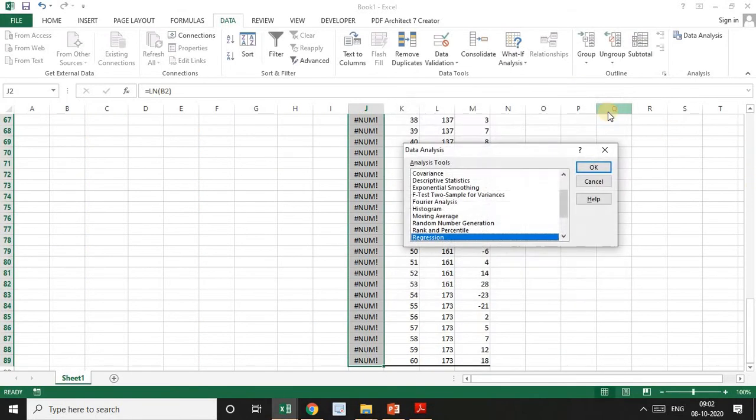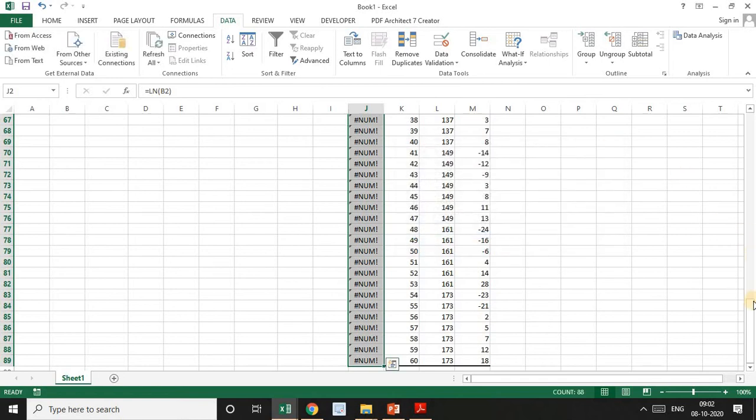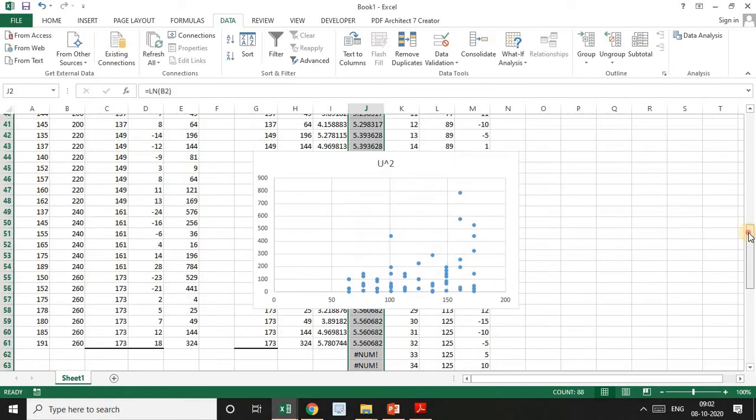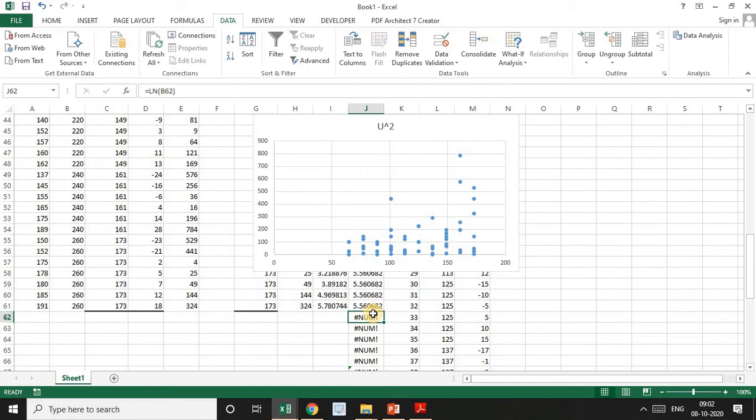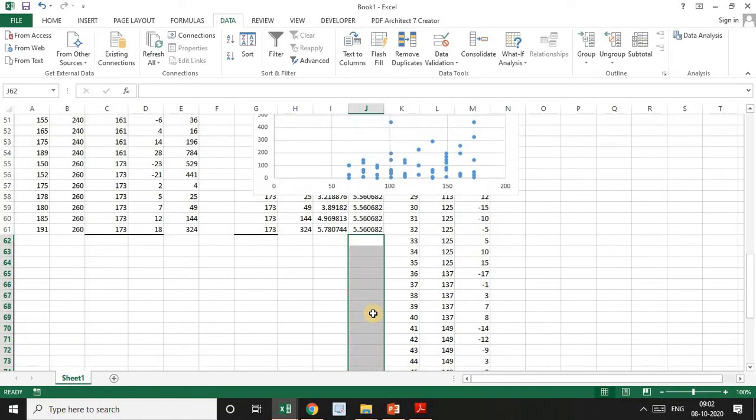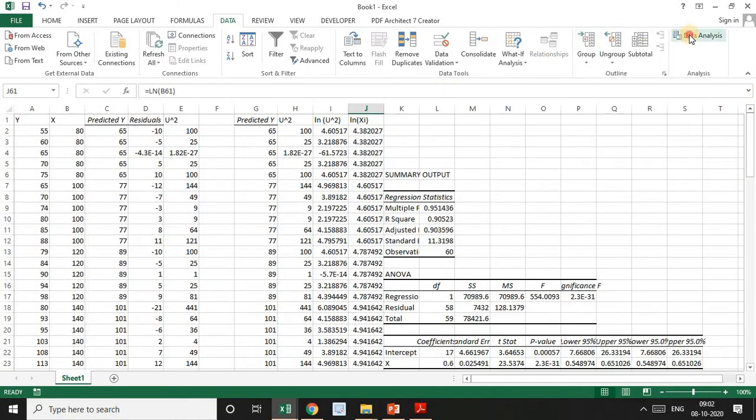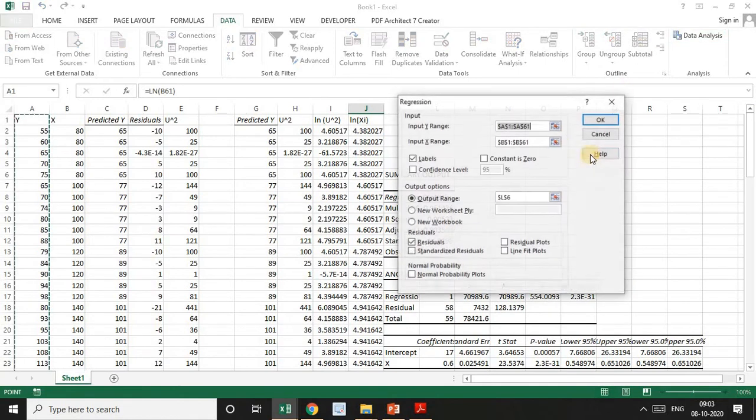Some values are missing here, no? Let me check it. Okay, some values are missing. So data, regression.